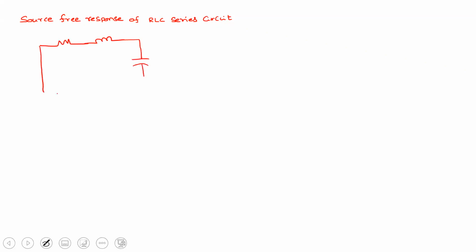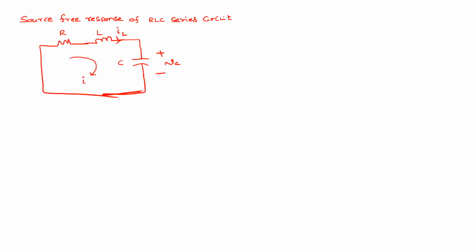Source free response means there is no excitation. This is capacitor voltage VC, inductor current or the overall current IL. Since it's a series circuit, here R, this is L, and this is C. The current that is actually flowing is I, for example. Let us assume that for t less than 0 we have some initializations: IL of 0 minus is I naught, and VC of 0 minus is V naught.